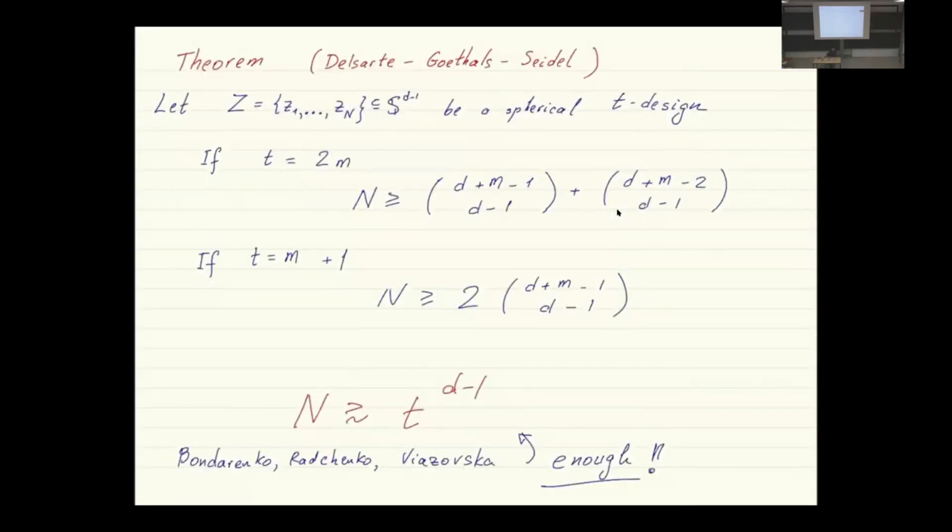Okay, and designs for which these bounds are achieved are called tight designs, and it's known that they exist. There are not that many of them. They only exist, well, on S1, on the circle, for all n.